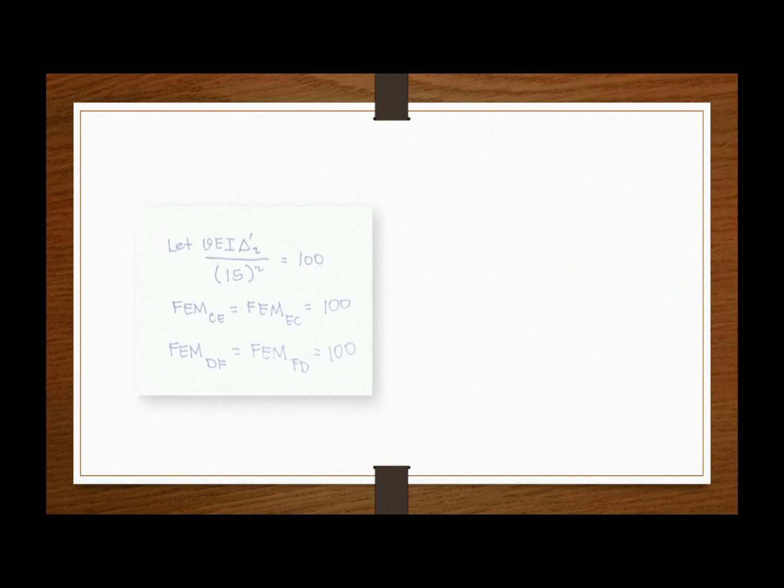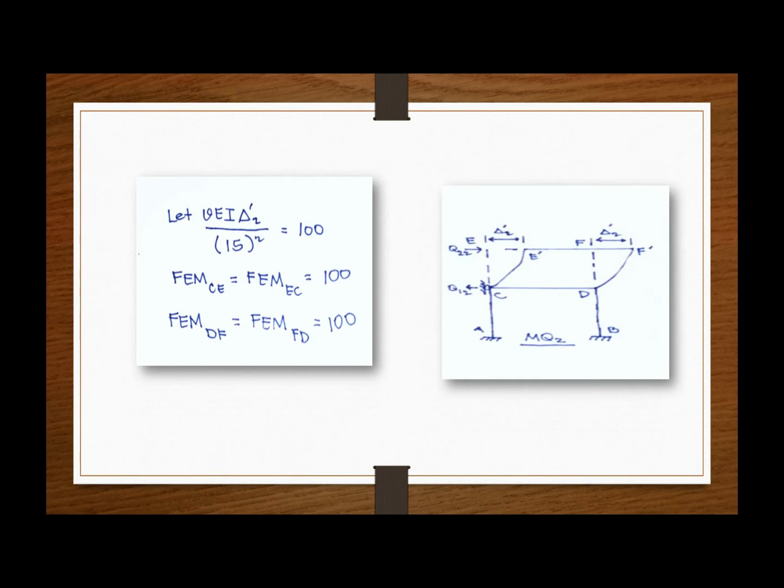Next is, in our second figure, let 6EI delta 2 over 15, our length squared, equals 0. So, fixed end moment CE is equals to fixed end moment EC. We assume that it is equals to 100.